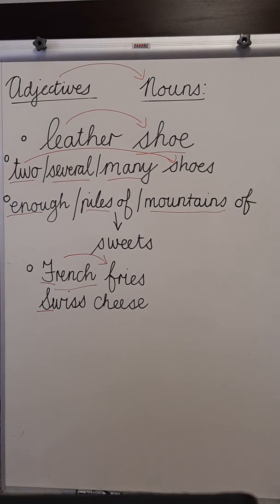But if I say that I have something that is from France, we call it French fries or French shoes or a French poodle. So you still spell it with a capital letter, but it is not the name of the country. Just remember that. The same with Swiss cheese. Spell it with a capital letter, but Swiss cheese means it is cheese that is made in Switzerland, which is the name of the country, but anything from Switzerland we call Swiss.